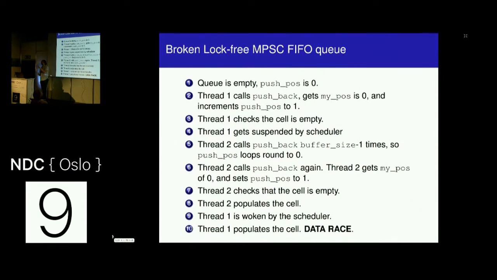So thread 2 checks that the cell is empty, puts a value in the cell, and it's done. But thread 1 is then woken up, and it says, well, I just checked this cell's empty, so I'm going to put my value in the cell. And now we have unsynchronized access to a value which is being accessed by multiple threads, and we've got a data race, and the queue is broken.